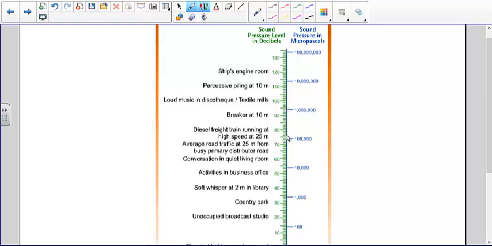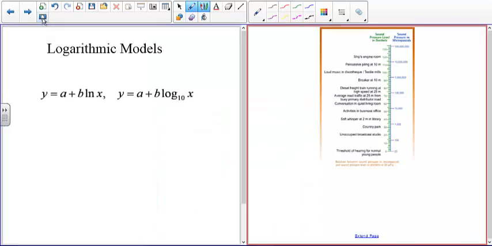So even though I'm going from 100,000 to a million, which is 10 times the pressure variation, the decibels only change by 20. And 20 would be equivalent to 4 times as much, because if 10 is twice as much, then 20 is 4 times as much. So it better reflects your perceived hearing difference.